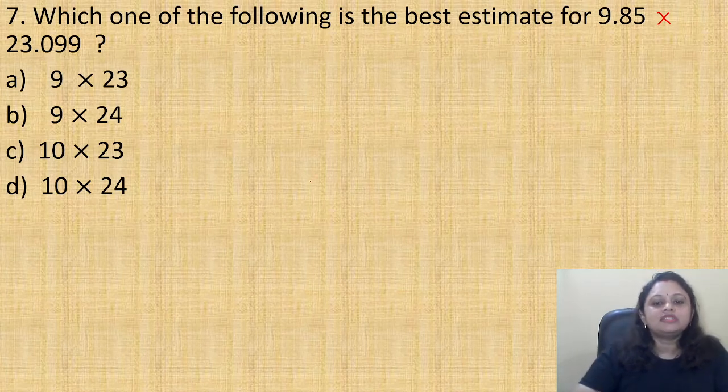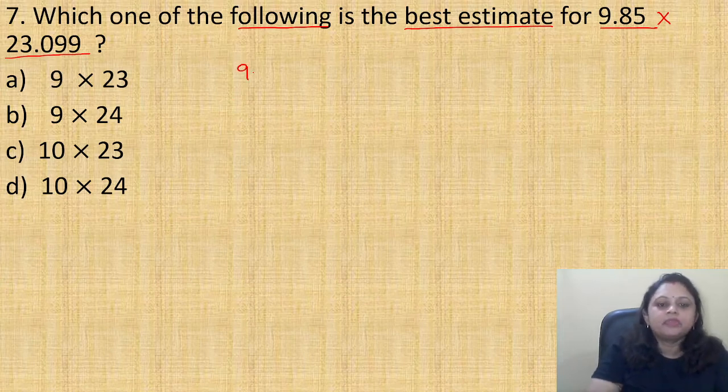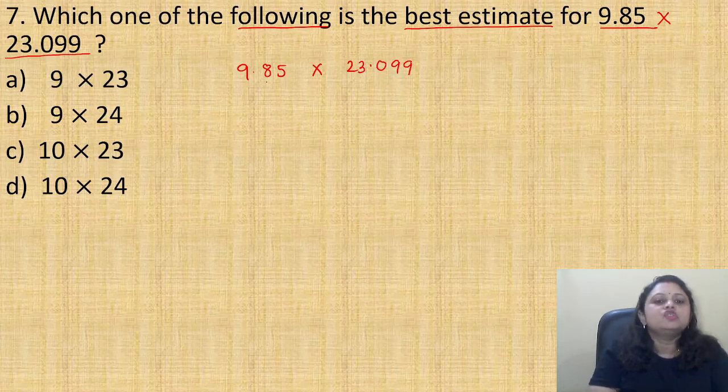So in the question it is given, which of the following is the best estimate for 9.85 times 23.099.